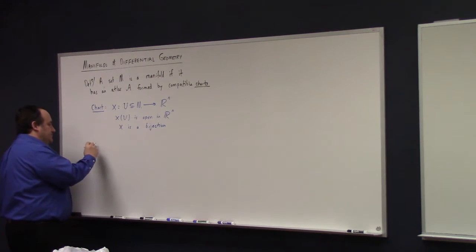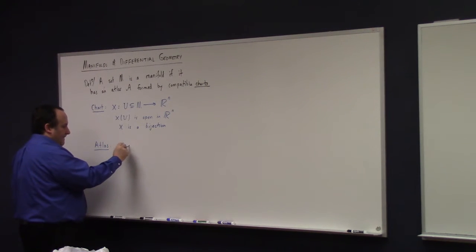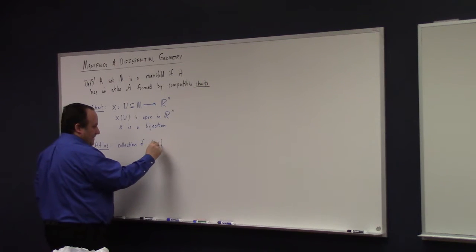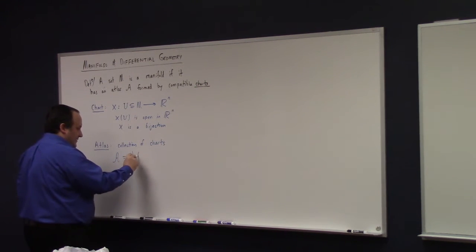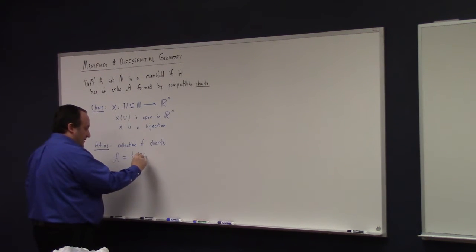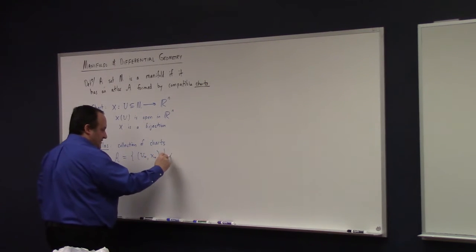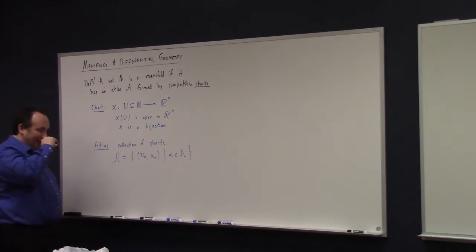So what's an atlas? It's a collection of charts. You usually use an A, and we usually write charts as a pair, something like (U_alpha, X_alpha), such that alpha is in Lambda, some index set, all right?